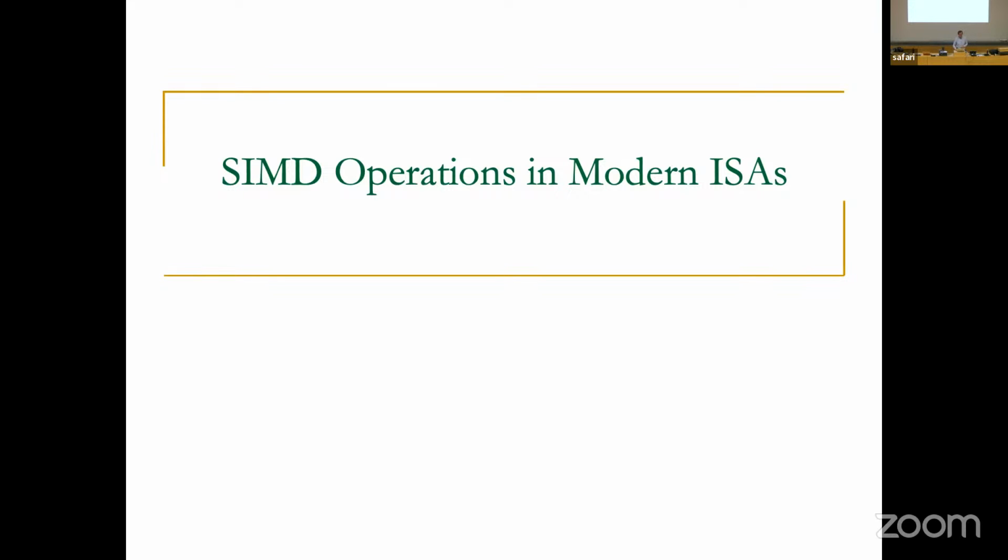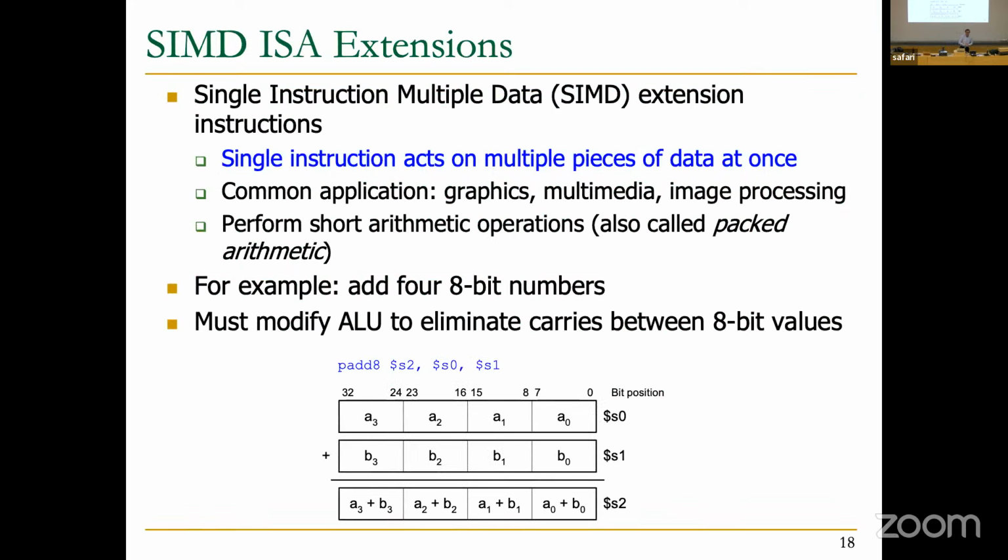Now we're going to jump into how the last lecture applies to modern processors in your pockets. Basically, modern processors, von Neumann machines, have single instruction, multiple data extension instructions. Essentially, these are special instructions where the instruction acts on multiple pieces of data at once, as opposed to acting on 2 registers, register 1, register 2, one element each.